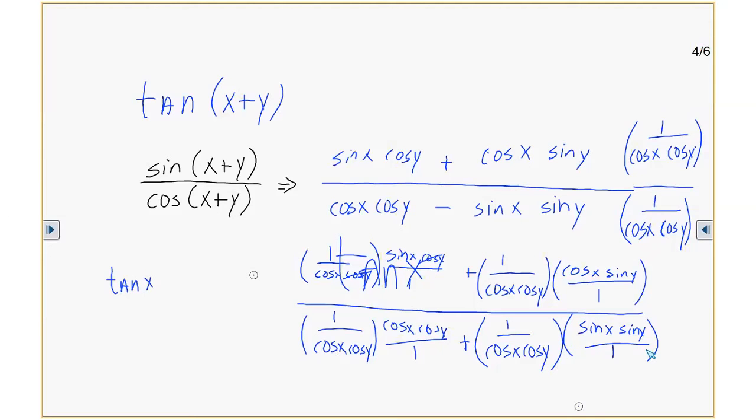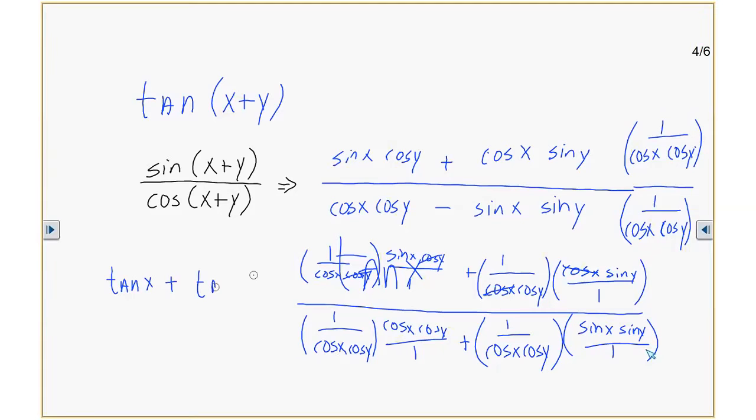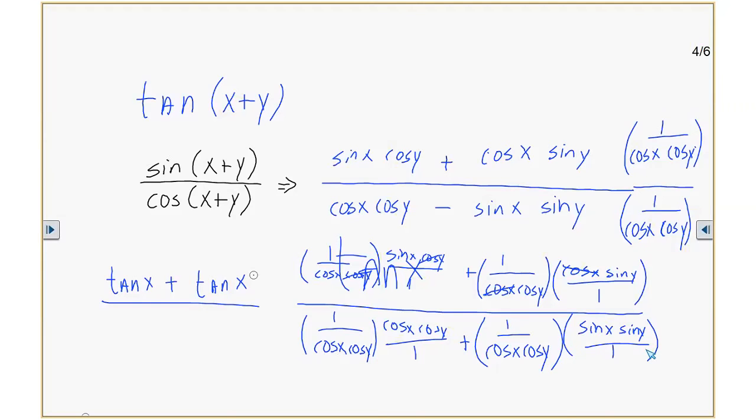I'll do this one for you. Cosine of x over cosine of x, cosine of y, sine of y. That leaves cosines cancel, and that'd be sine over cosine. And what's sine over cosine? Plus the tangent of x over, and what happens here?